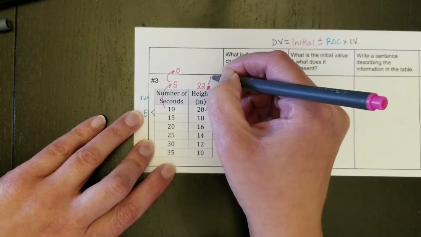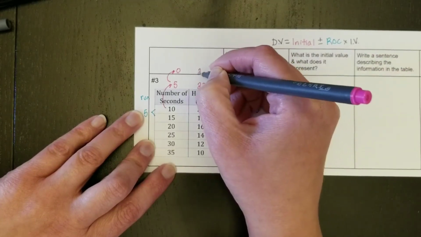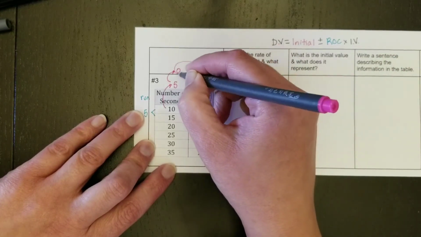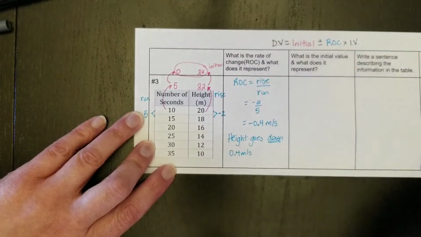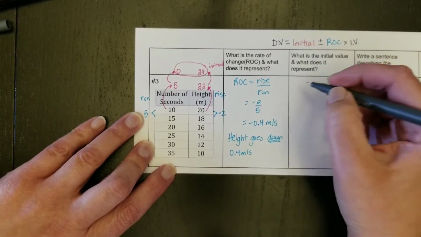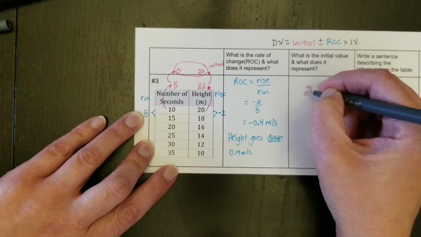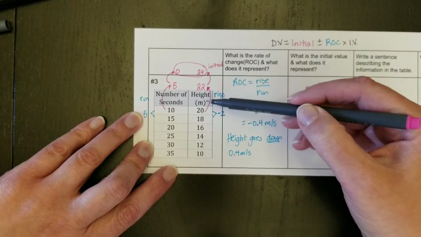And I'm going to pattern back this side as well. I'm going by 2s and I would have a 24. So I'm going to circle that. That's my initial. So what's the initial value and what does it represent? The initial value is 24 and the 24 is in the height column.